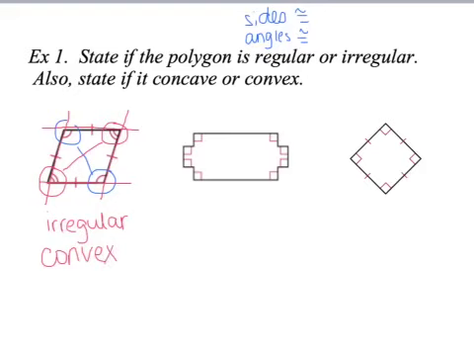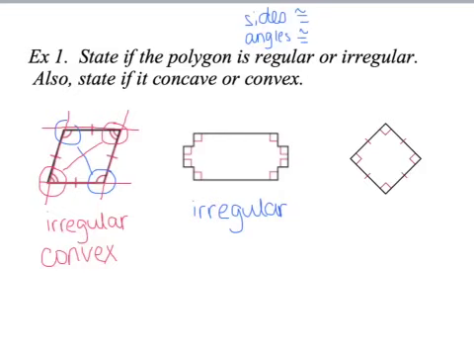Example 2. Well, right away, if I check for regularness, I can see that all the sides are not the same length, so it is not regular. I don't even need to worry about the angles. Is it going to be concave or convex?